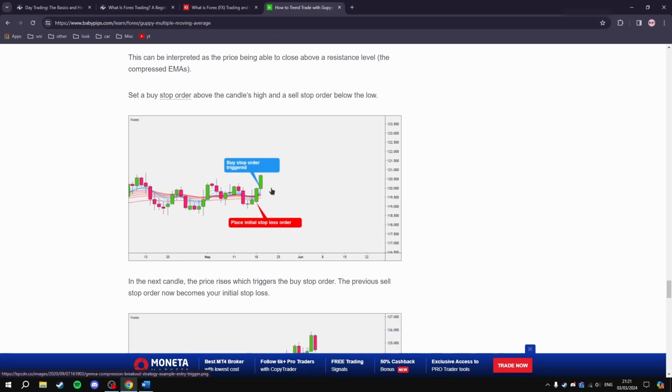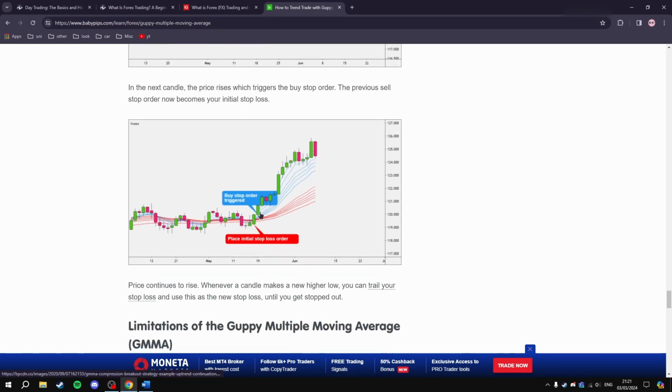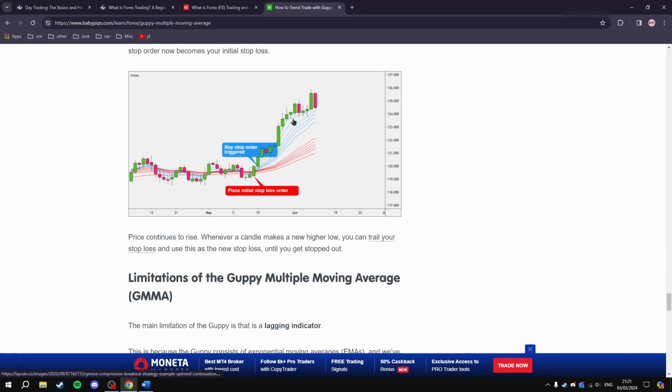So the buy stop order is triggered. Place the initial stop loss order. In the next candle, the price rises, which triggers the buy stop order. The previous sell stop order now becomes your initial stop loss. Price continues to rise. Whenever a candle makes a new high or low, you can trail your stop loss and use this as a new stop loss until you get stopped out.